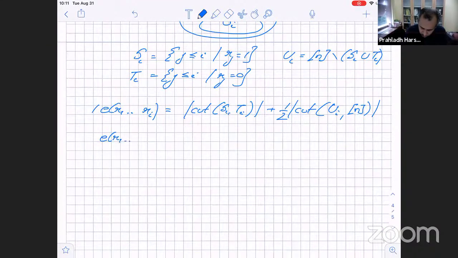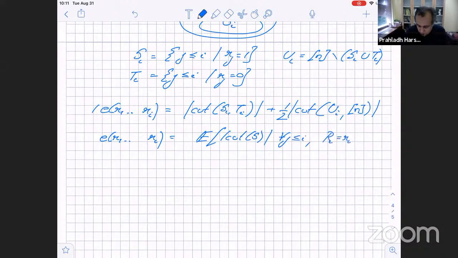E of R1 to Ri was the expected value of the cut of S conditioned on, for all j less than or equal to i, Rj equals rj. Exactly. Now, what is this?